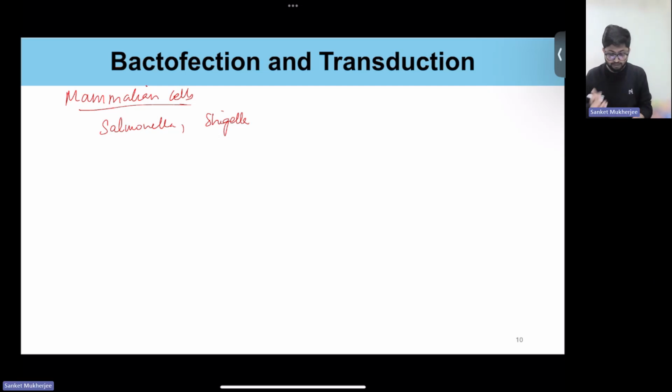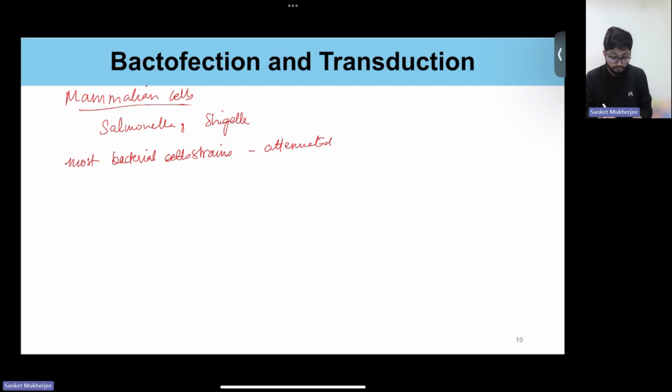So as I was telling, for mammalian cells, Salmonella or Shigella are used. Most bacterial strains are attenuated if they are used for transduction.